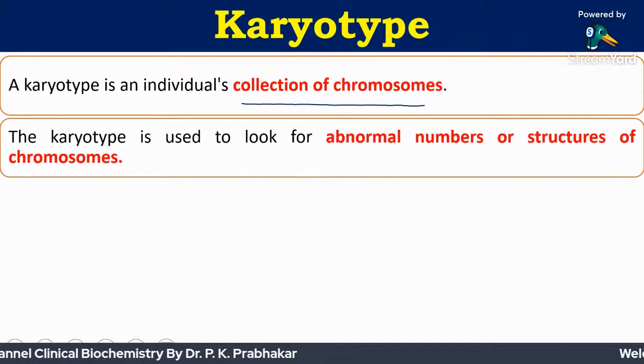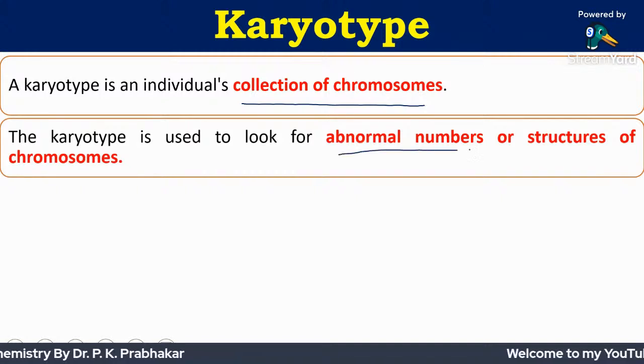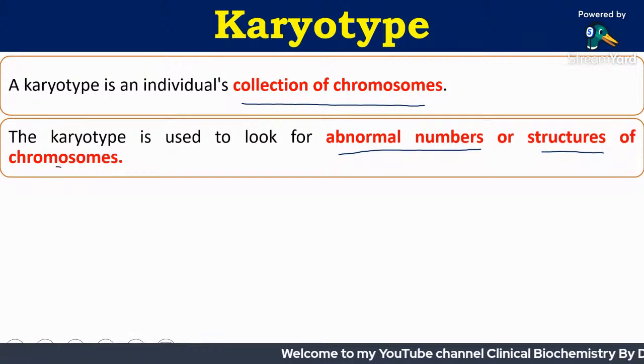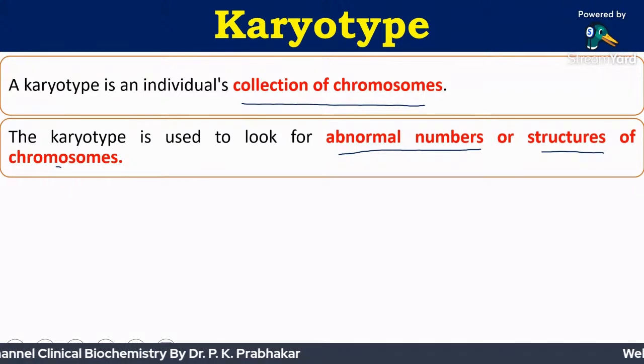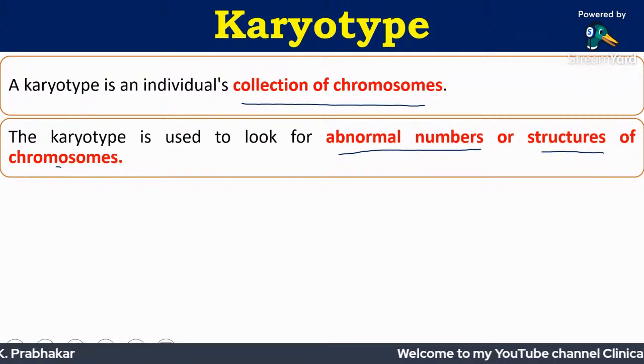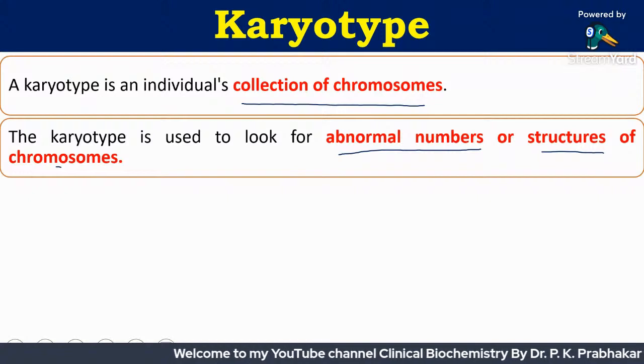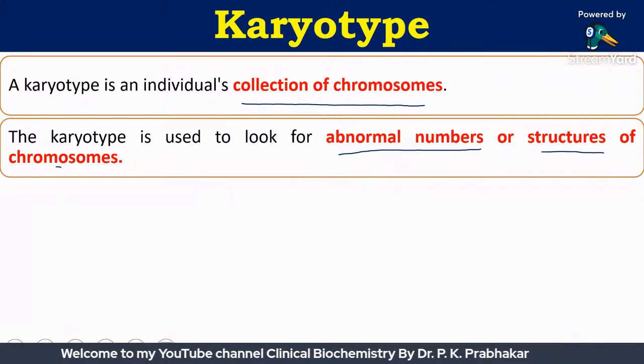The karyotype is used for looking for an abnormal number of chromosomes or abnormal structure of chromosomes. Either the chromosome number has increased or decreased. We call this aneuploidy, where the chromosome number changes not by a complete set but by individual numbers: 46 becomes 47 or 48, or 46 becomes 44 or 45.